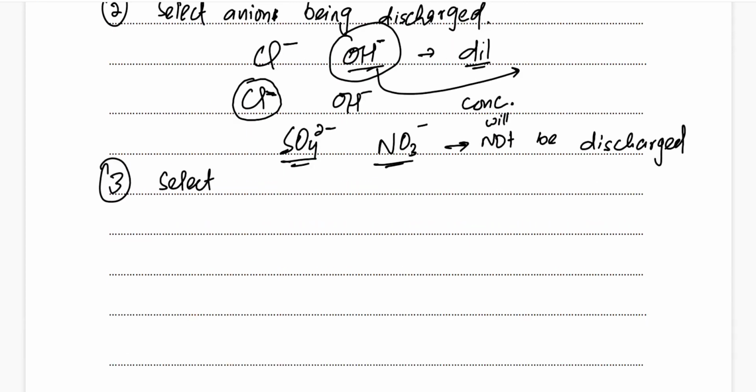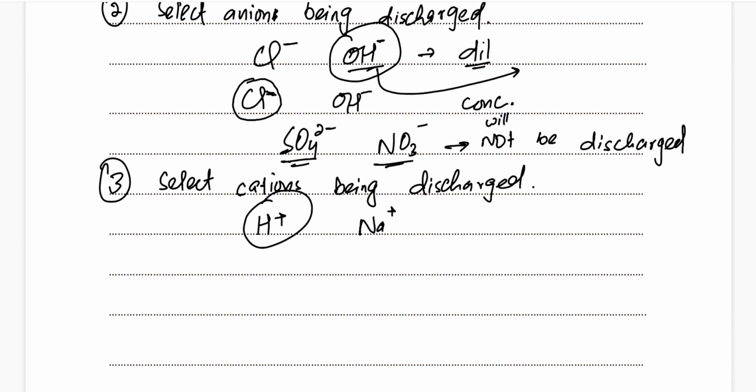Third thing is to select the cations being discharged. Here we have dilute sodium chloride, so we have H+ and Na+. You know that hydrogen will be preferred and discharged, even if we take the concentrated, because concentration does not affect the cations.